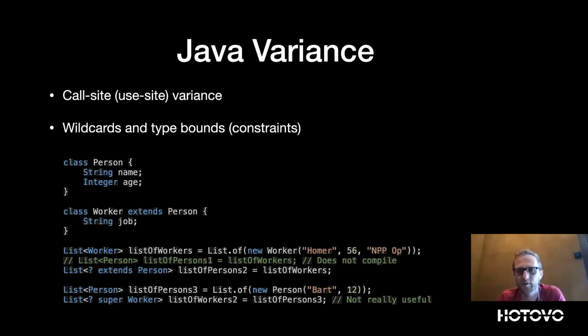Now, this is not really useful because if something is a supertype of worker and we don't know what that might be, all we can work with is an object, right? Because object is a supertype of all classes. For correctness, I'm not talking about primitive types. So we're always in the land of objects and classes.